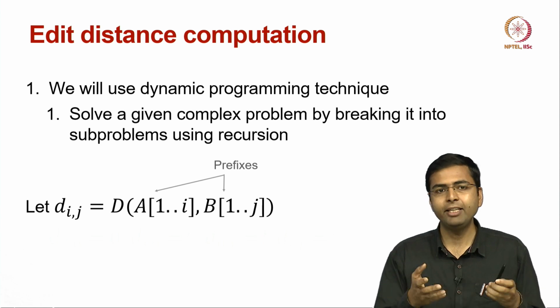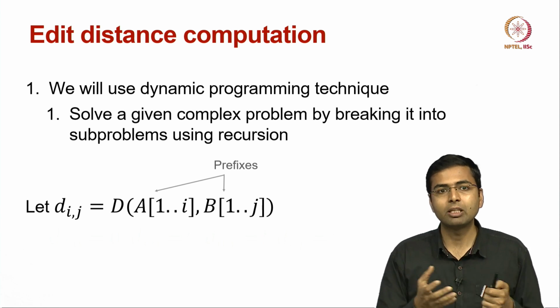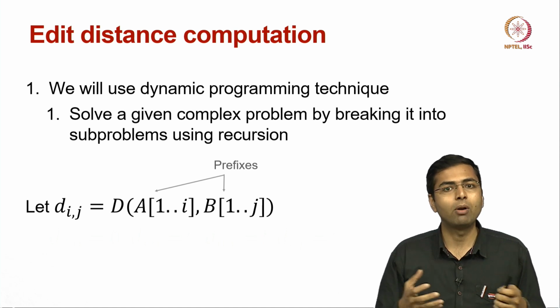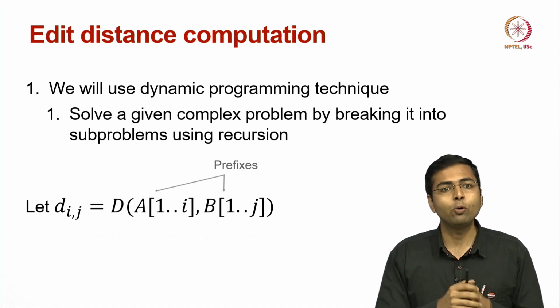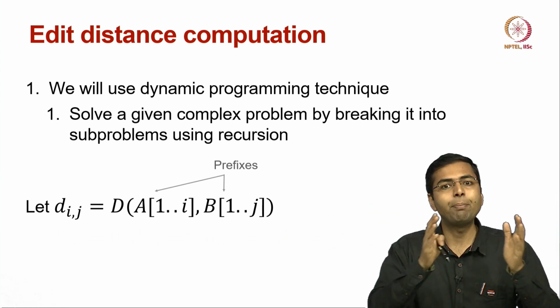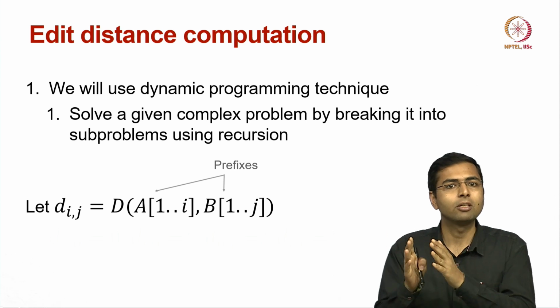As you may have seen in your fundamental algorithms courses, in this technique we solve a given complex problem by breaking it down into subproblems using recursion. So, you have a big problem and we will solve it by breaking it into subproblems using recursion.